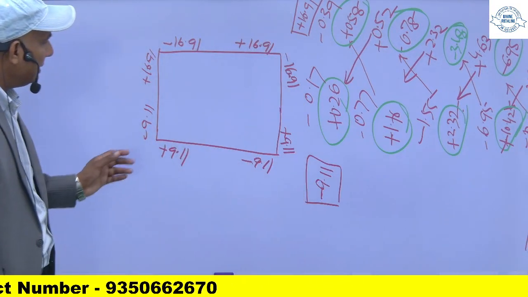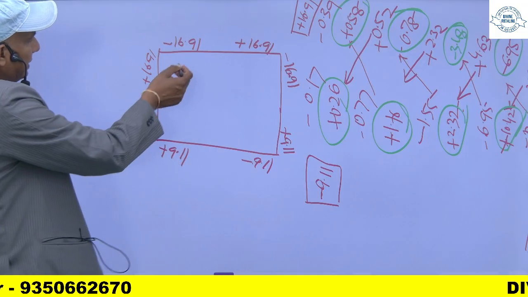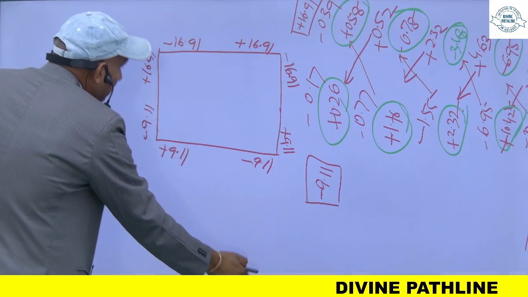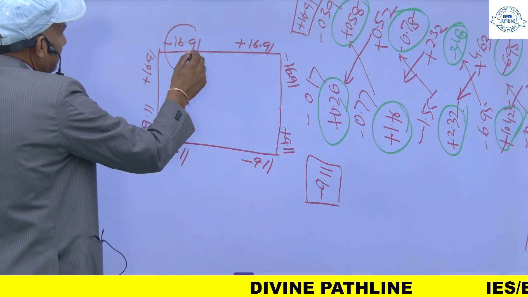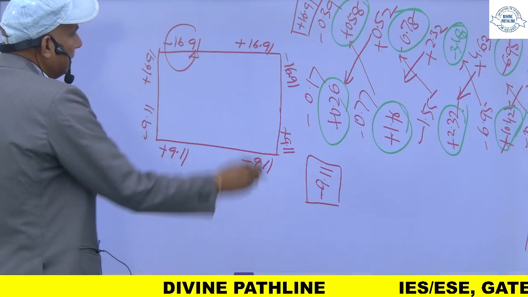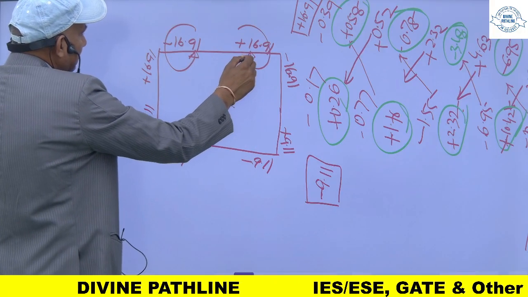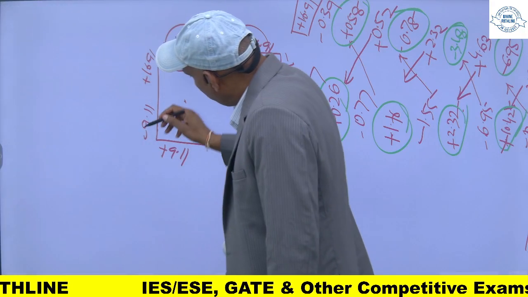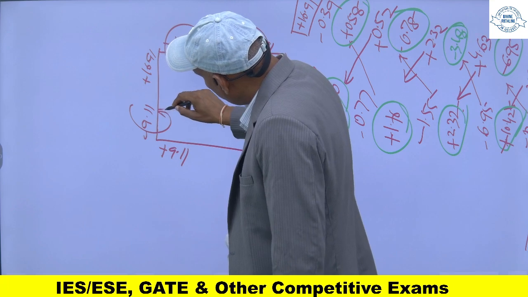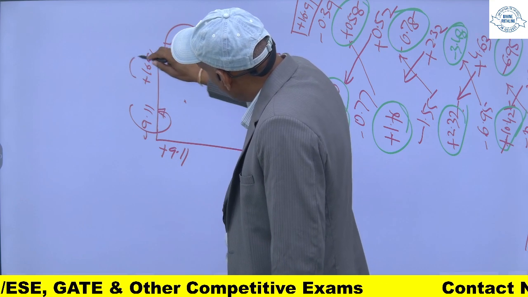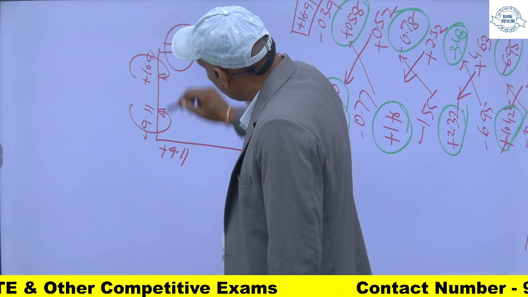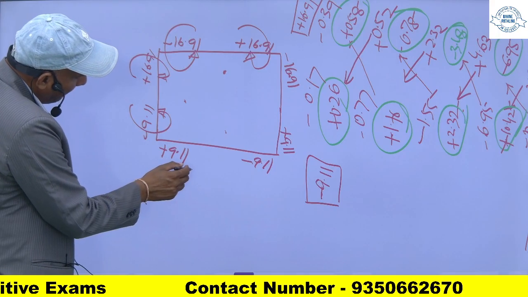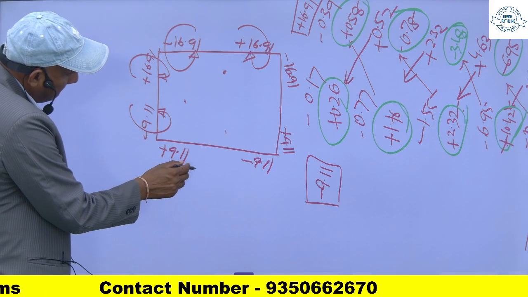Now if you see, my movement is like this. This minus means anti-clockwise, and this is clockwise.